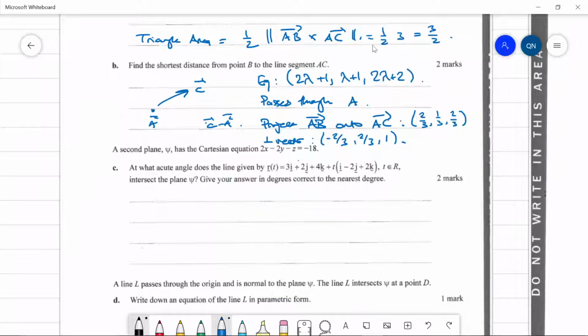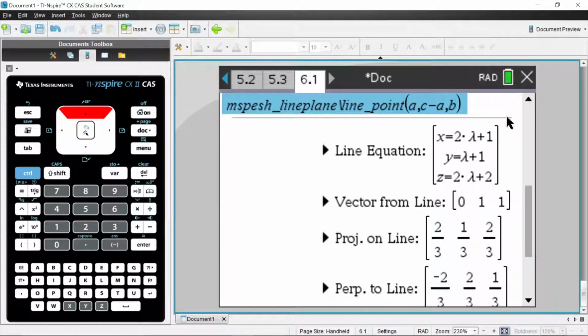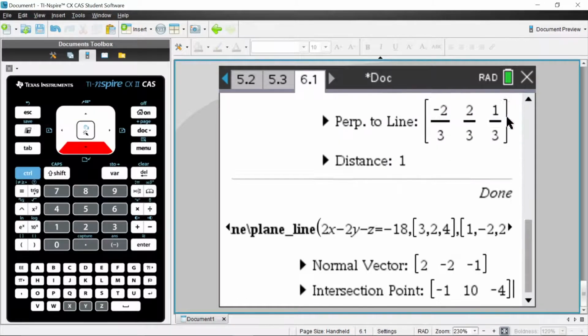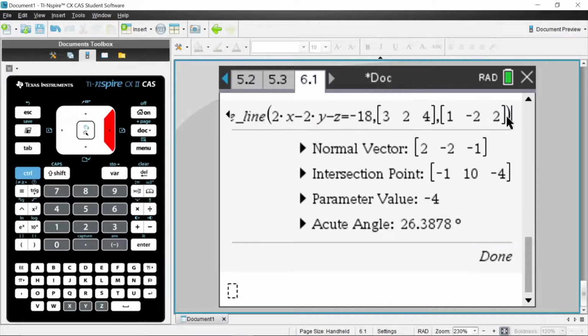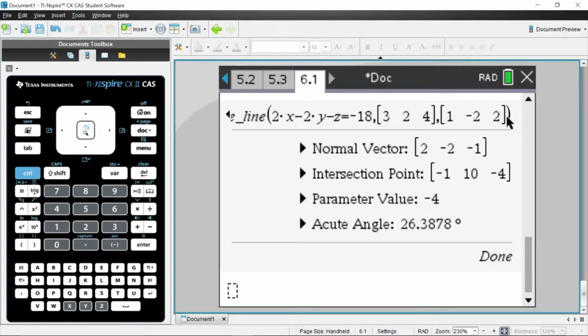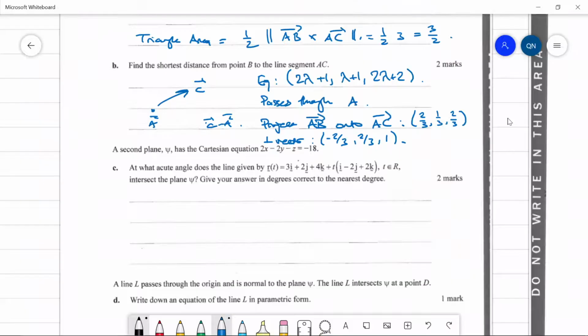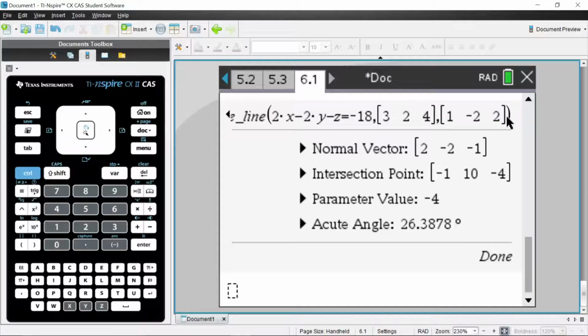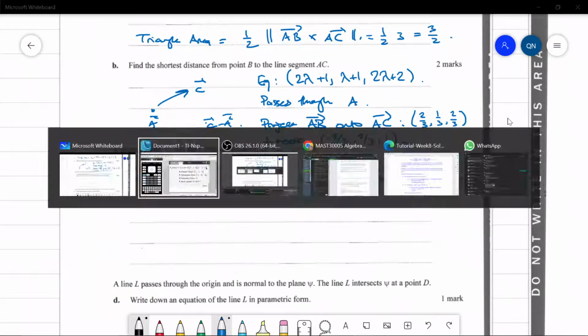Is that the same line we had before? I think so. Maybe. Let me just check if I got that right. So 3, 2, 4, and then 1, negative 2, 2, and then 2x minus 2y minus z equals negative 18. So the acute angle is 26.38.